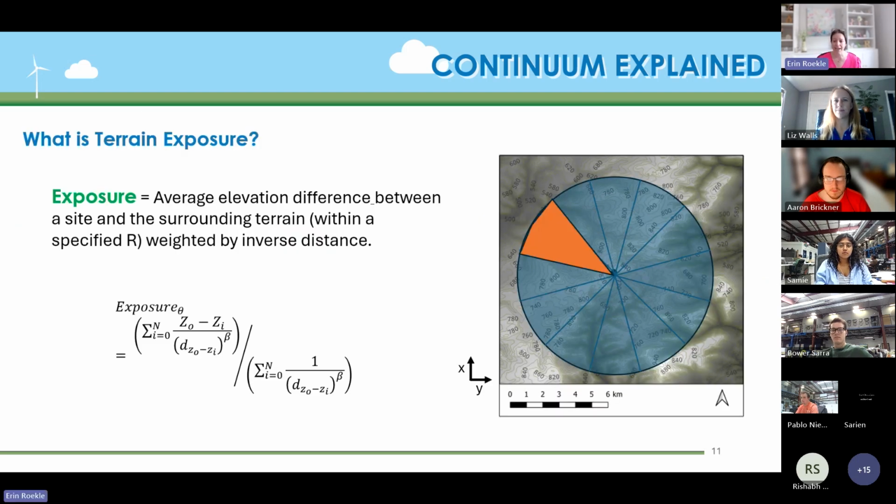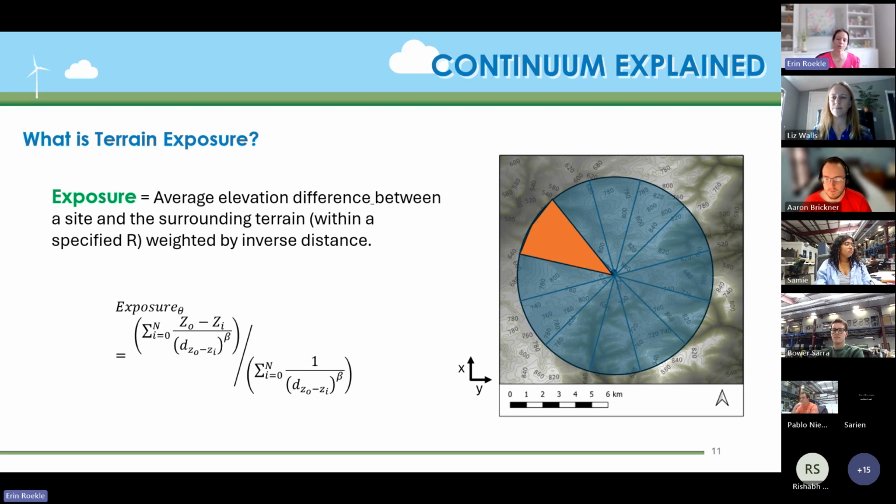So just a little bit of recap from last session where we were talking about terrain exposure. What is terrain exposure? Again, that definition: it's the average elevation difference between a site of interest, like a turbine, and the surrounding terrain within any specified radius. And then it's weighted by inverse distance.